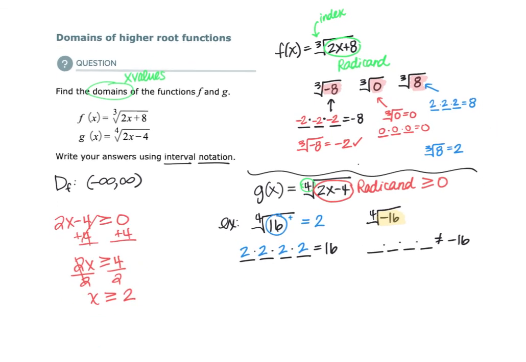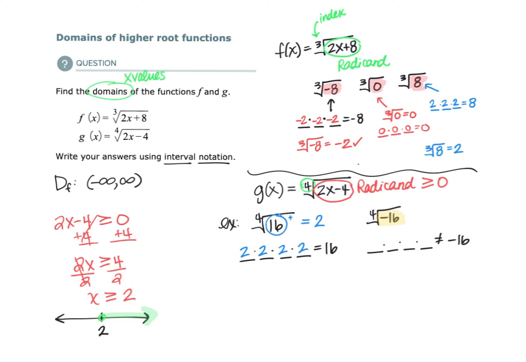Now, the problem asks you to write this in interval notation. So if we think about what this looks like on a number line, if I want the x values to be greater than or equal to 2, I'm going to choose values that are to the right of 2. And then I said it could also be equal to 2.